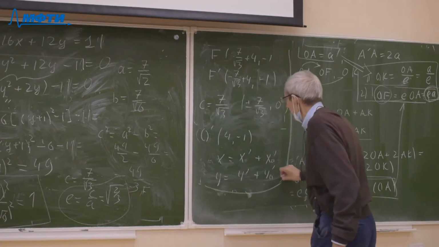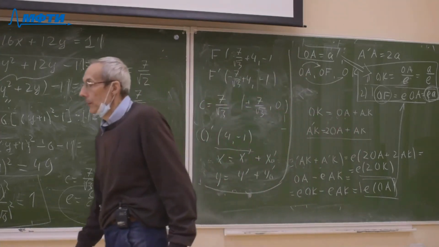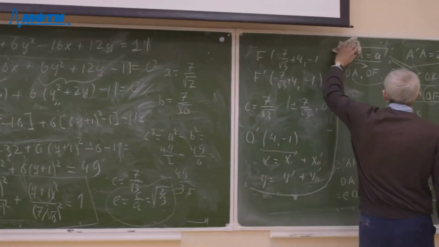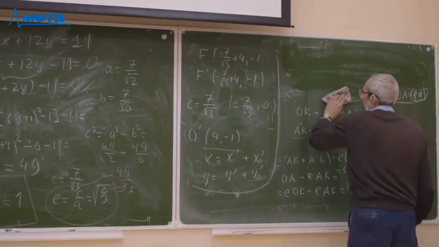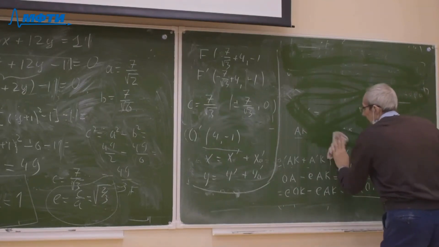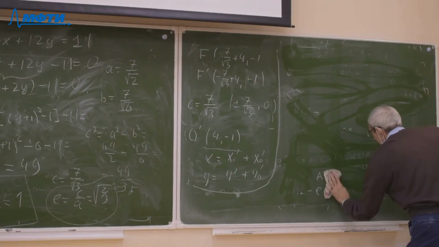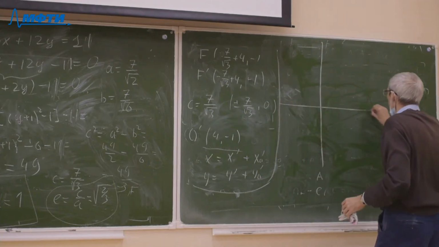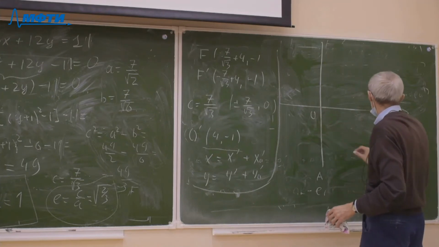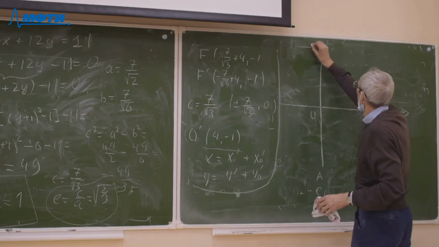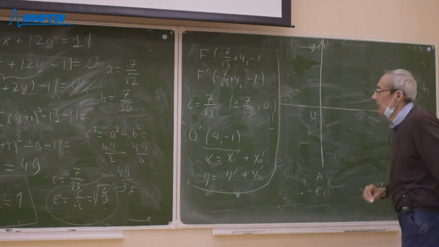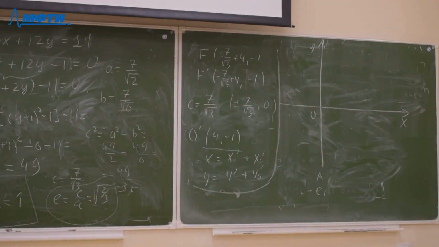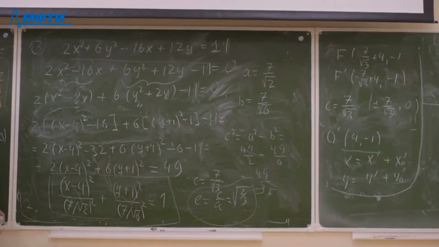I'm sorry, Professor, I didn't understand the answer. How did you do it? Okay, I will draw the picture and we can understand better. We have the initial coordinate system Ox, Oy, and we have this equation.